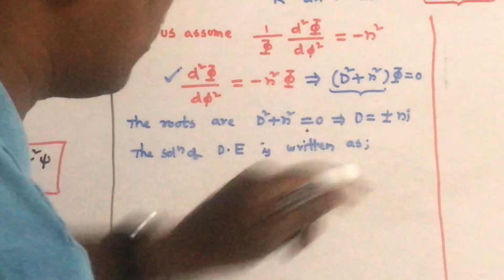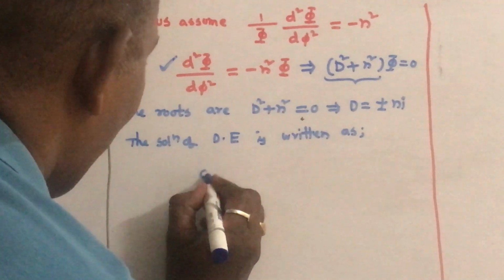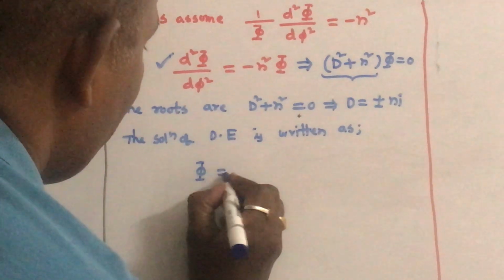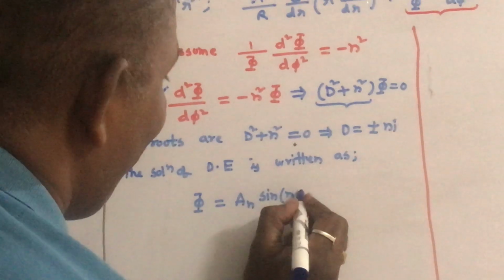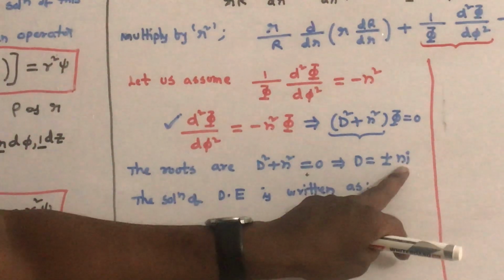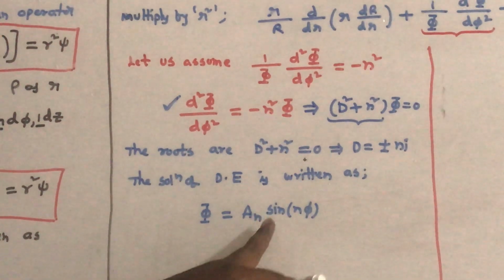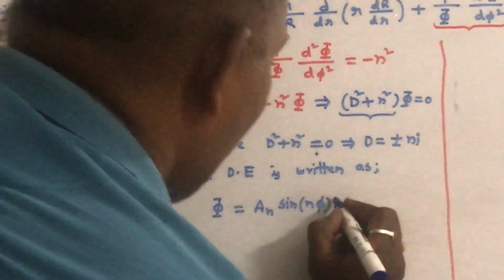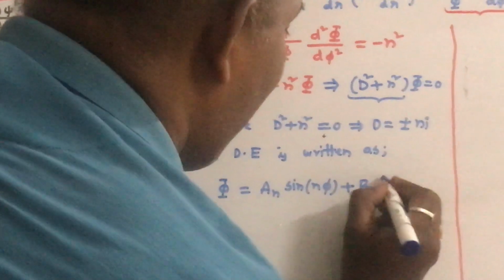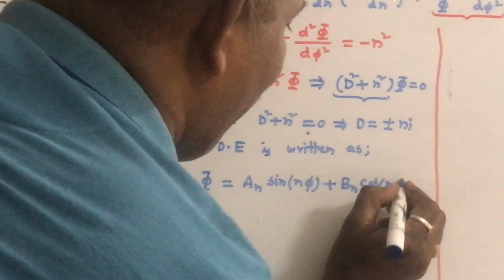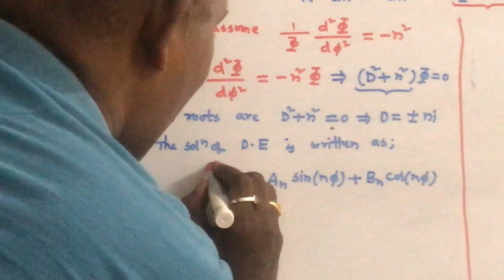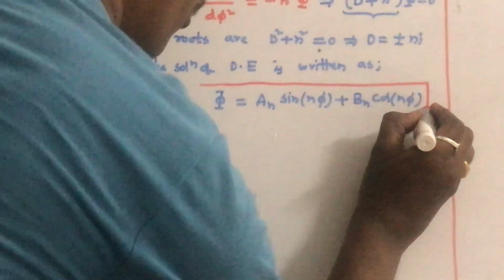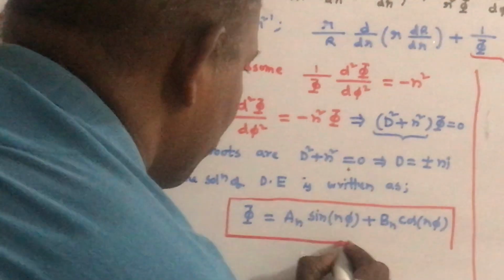If the roots are complex conjugates, I can write it as capital phi equal to An sin n phi plus Bn cos n phi, because the roots are imaginary. That is the general solution. So we have to take this solution. So therefore we have got phi of phi also.